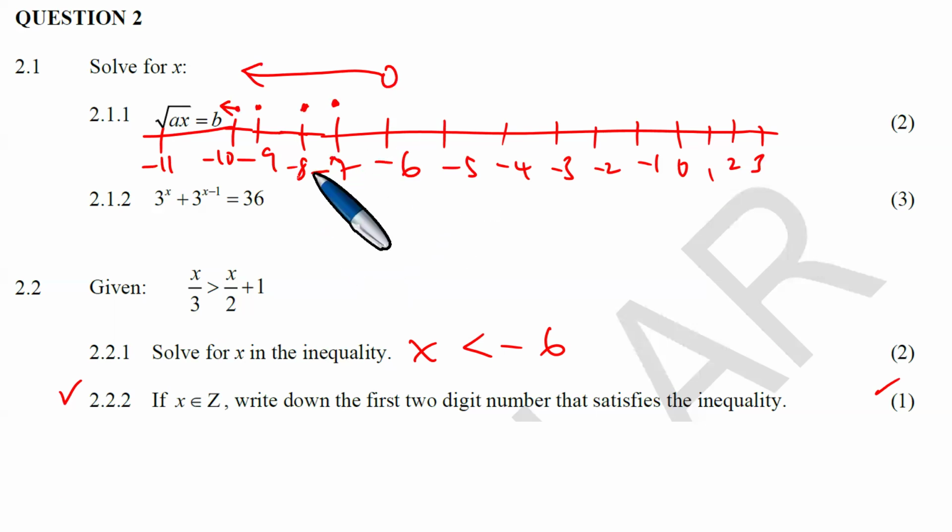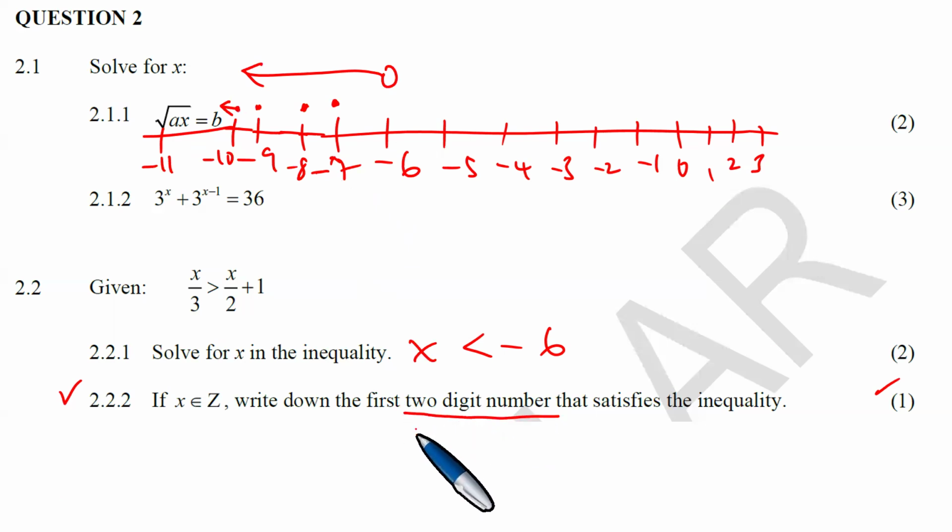We need to pick one number here that is a two-digit number. Because this is saying x less than -6, numbers that satisfy the inequality are the ones where this arrow is pointing. -7 satisfies, but the problem with -7 is that it's not a two-digit number.